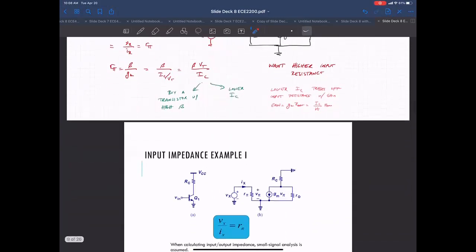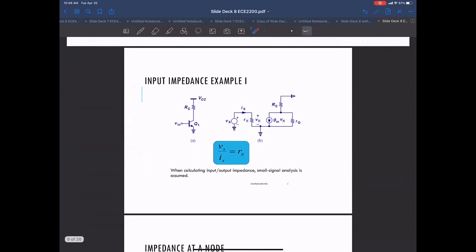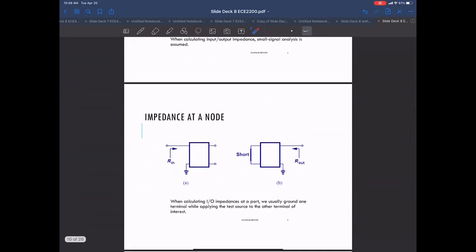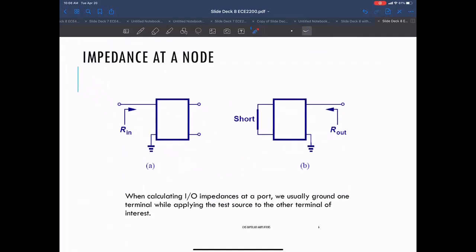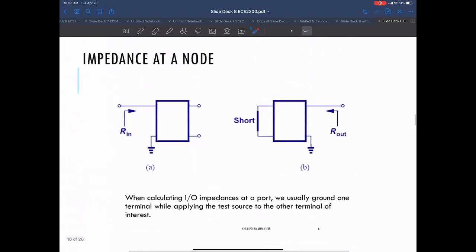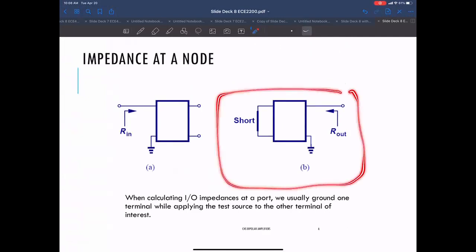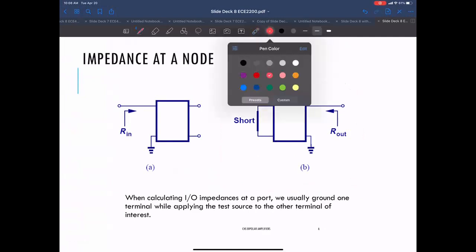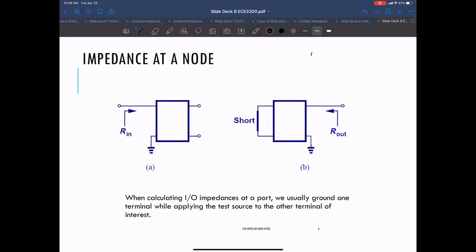Like everything in engineering, the big part of the game is trade-offs. Now let's look at the output resistance. Again, it's a two-step procedure.